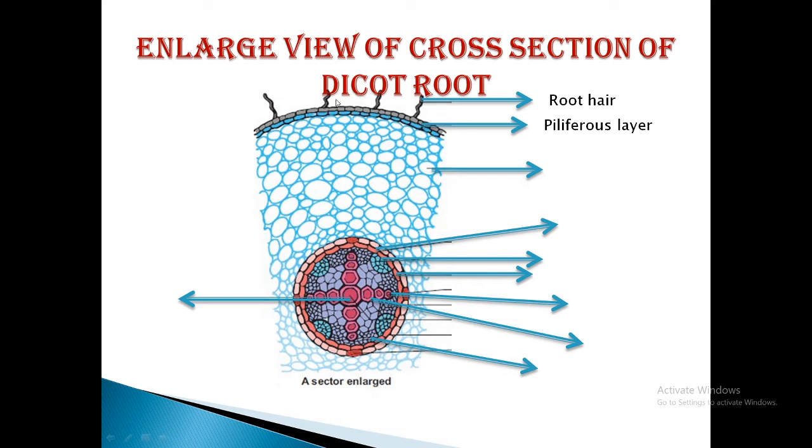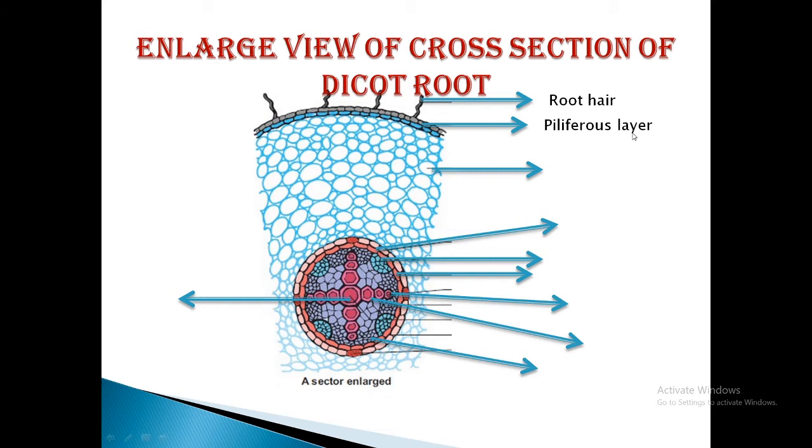This is the root hair region, and normally these root hairs are confined to a region between one and several centimeters in length near the tip region. So these are the root hairs which are present just beneath the piliferous layer.